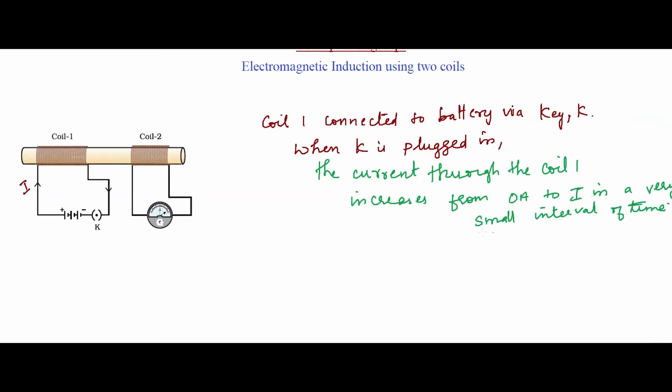During that small interval of time, the flux or magnetic field of this coil will change from no field to a particular value of field. That field will be coming out like that, and it will be linking with the second coil as shown in the figure.